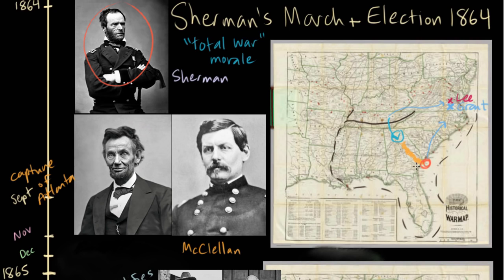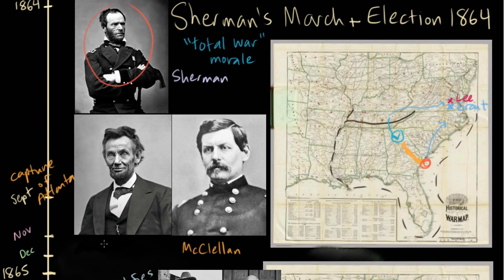And from Savannah, he turns north and starts heading to the forces of Grant so he can back him up in a final victory against Lee, who has encamped in Richmond. Meanwhile, Abraham Lincoln wins the election of 1864 and is ready to bring this war to a close.